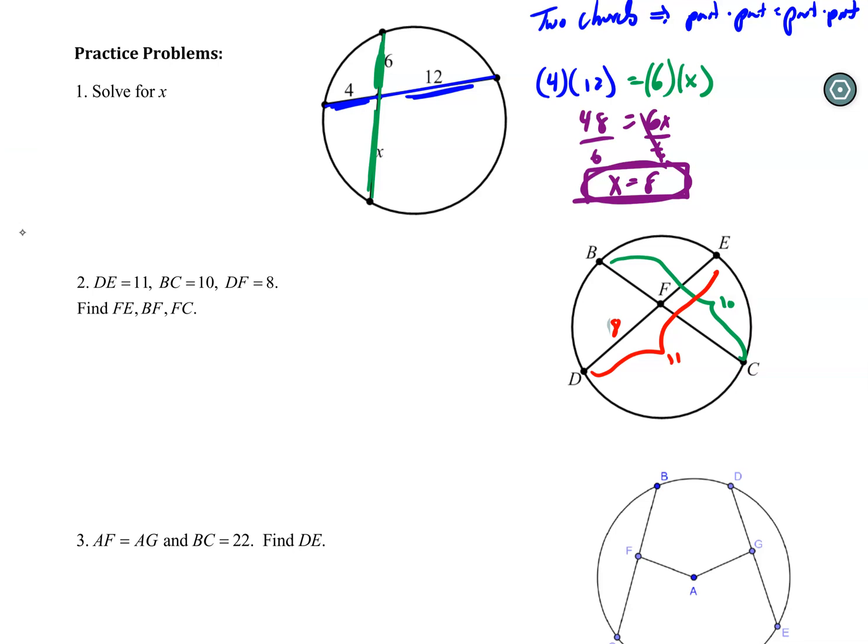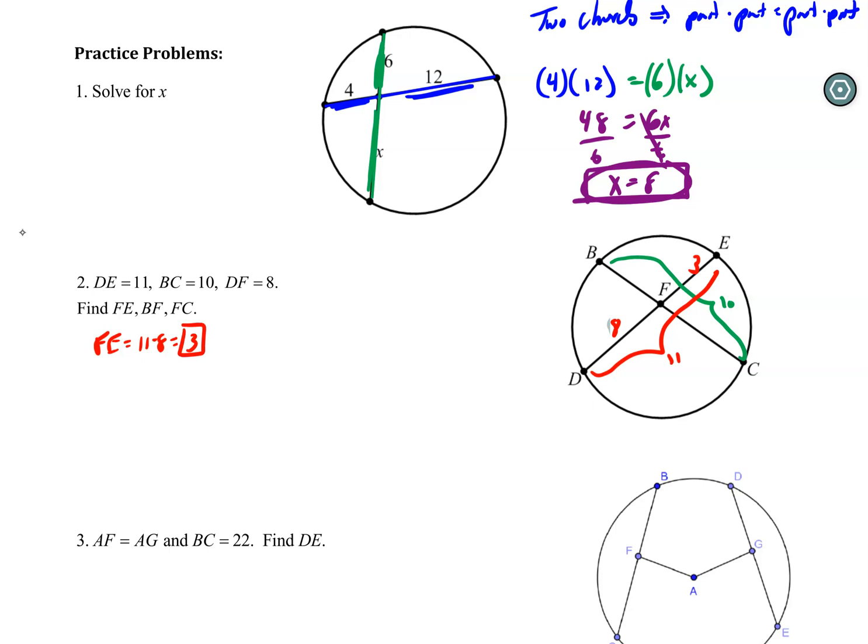So looking here, we know the portions of this. We've got two chords. We know the whole thing here is 11. So if this part's 8, if I simply say 11 minus 8, that's going to get us this portion, which would be 3. So FE is simply 11 minus 8, which is 3.